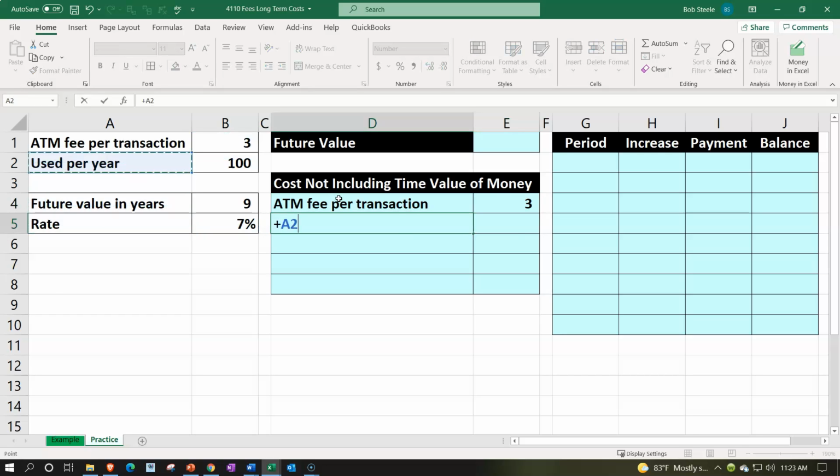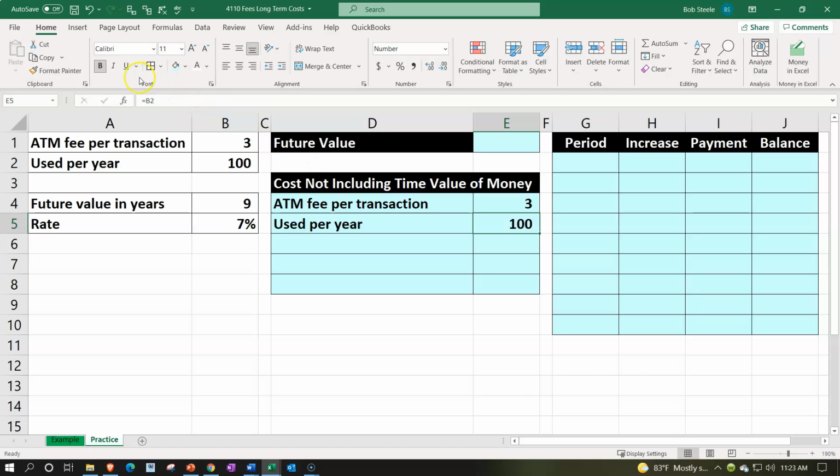We go to the ATM that's not at our bank because it's closer, and we pay the $3, and we say that's not a big deal, and it's not really if we do it one time. Then the cost per year is going to be 300, 3 times 100, starting to get a little bit more expensive.